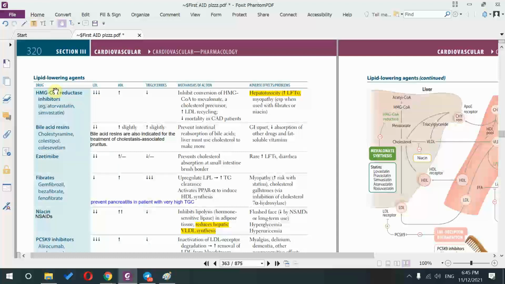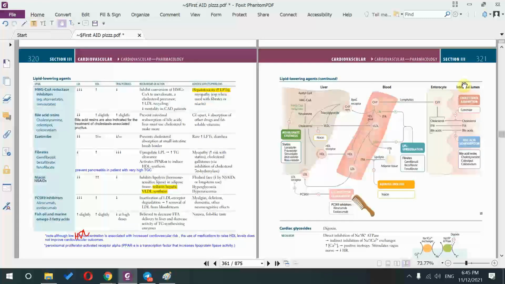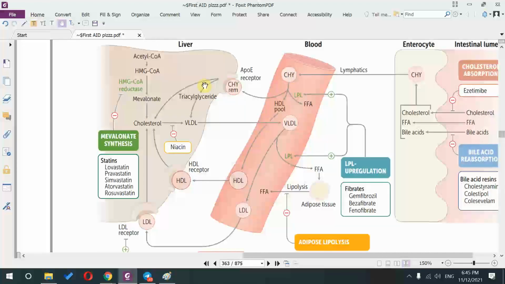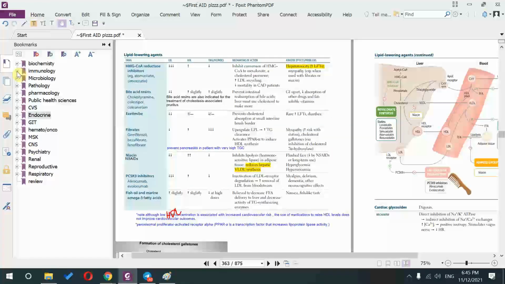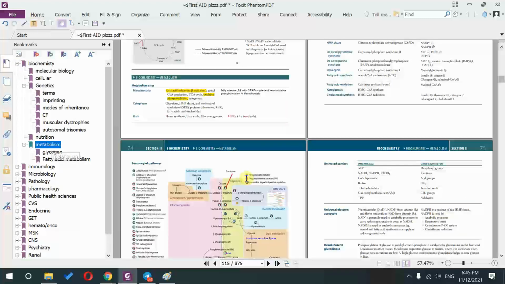But if I were in your place, there are high yield ones and less high yield ones. So to start with, before speaking about this thing, you must understand this graph. Before understanding this graph, you must understand the graph in biochemistry. Okay, let's take a look.